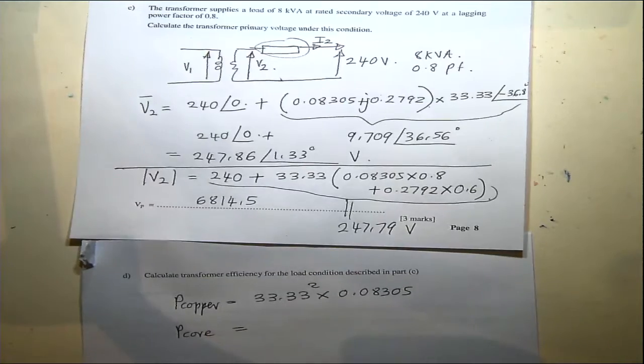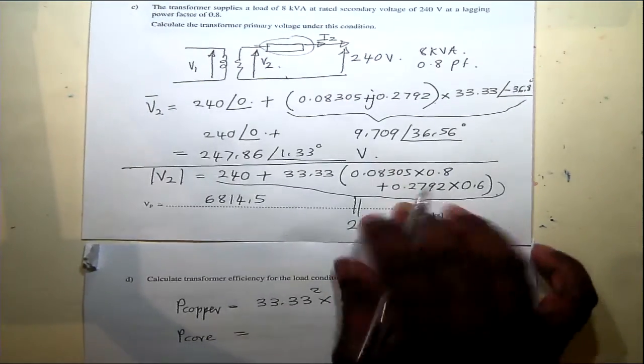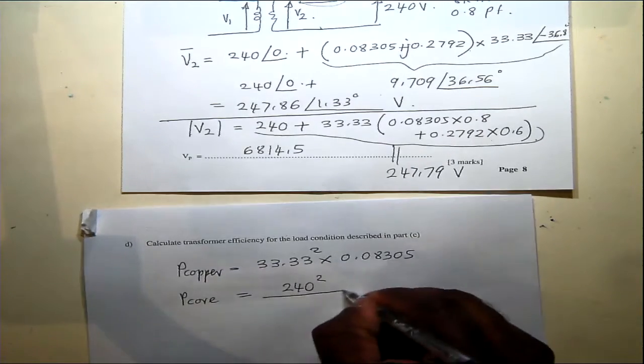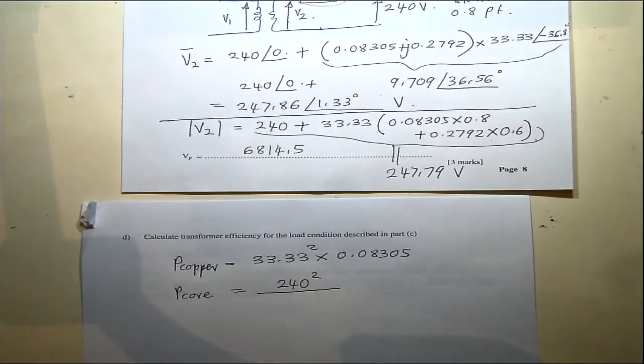Let's say if you use the secondary values, you have 240 squared over the secondary value we calculated, which was 576.